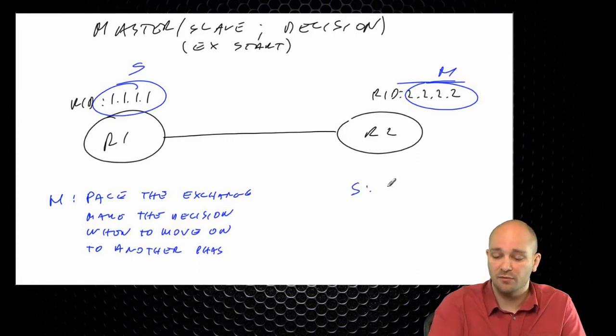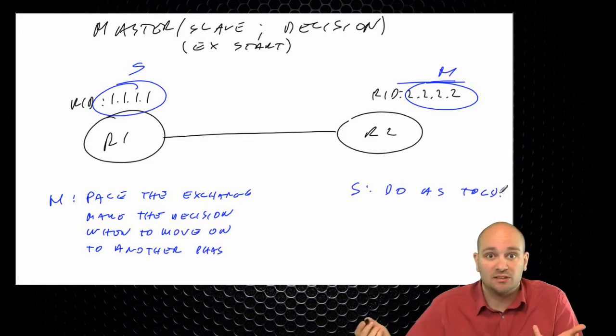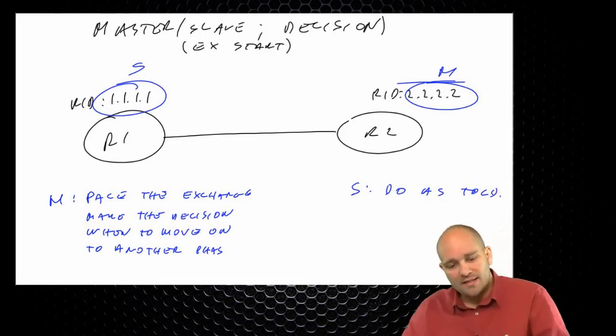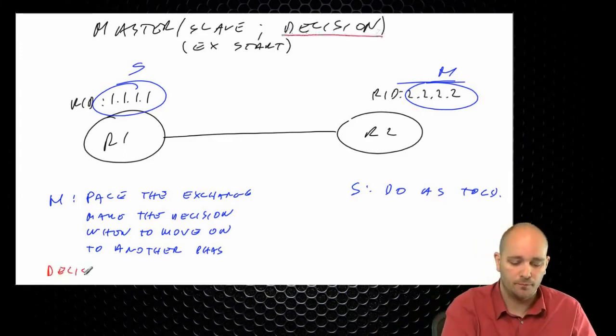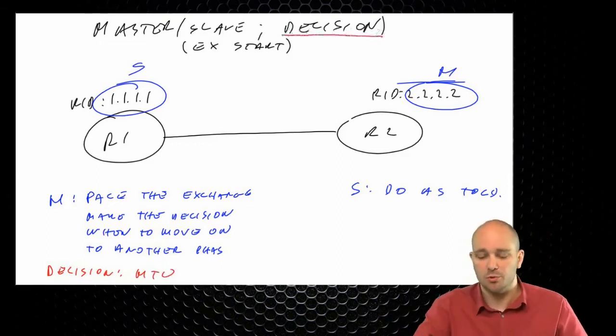The role of the slave is to do as told. That's what slaves do. Now, the decision how to exchange the information is going to be made basically on the MTU size.